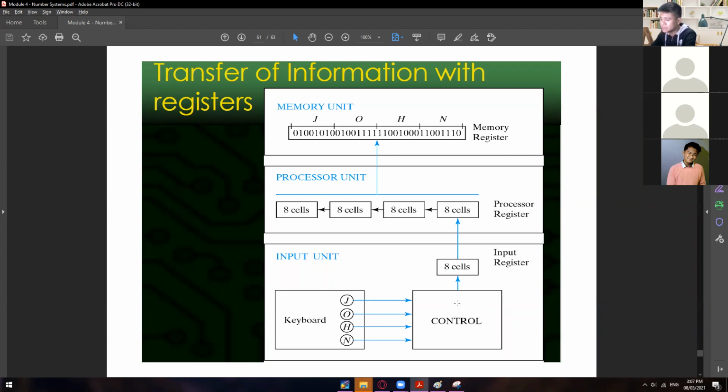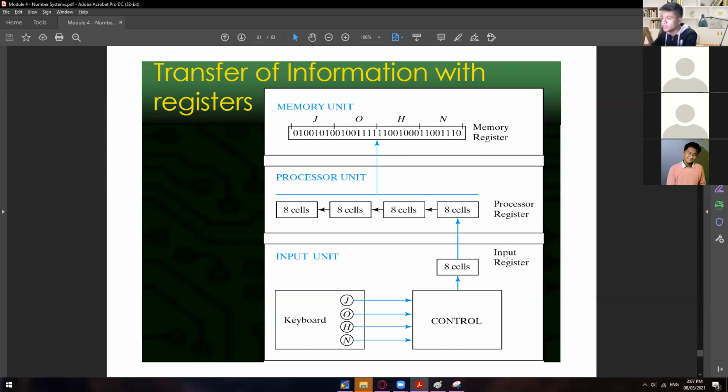And then it is now going to start forming it cell by cell. It could be by bit, depending on the size of that data. So in here it could be represented by 8 cells. So 8 cells is already enough for letter J, 8 cells for O, 8 cells for H, and then 8 cells for N. That is why we have 8 cells in here.